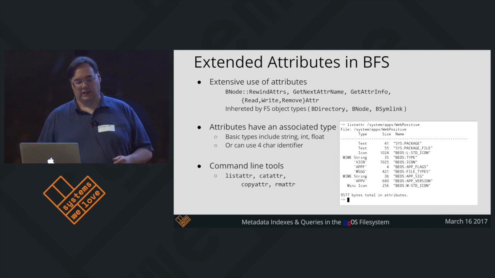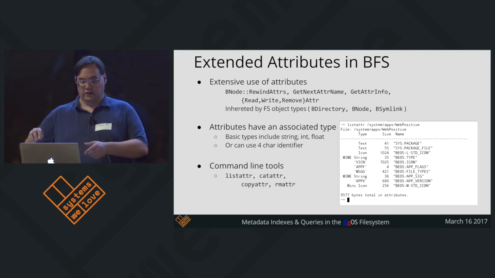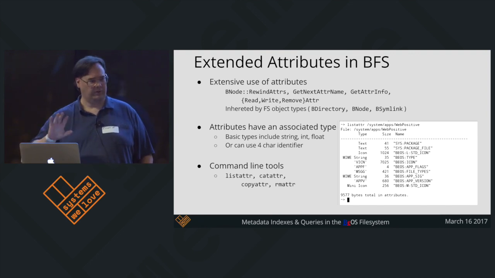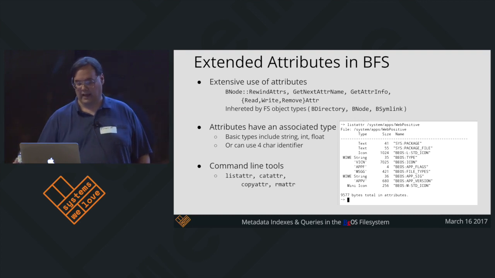But when you're querying these APIs, you can see here on the right-hand side is a list of some attributes that are associated with, in this case, the web browser that comes with the BeOS, or I'm sorry, with Haiku. It has a MIME type, and a string of text that identifies the package and file information associated with this installation.